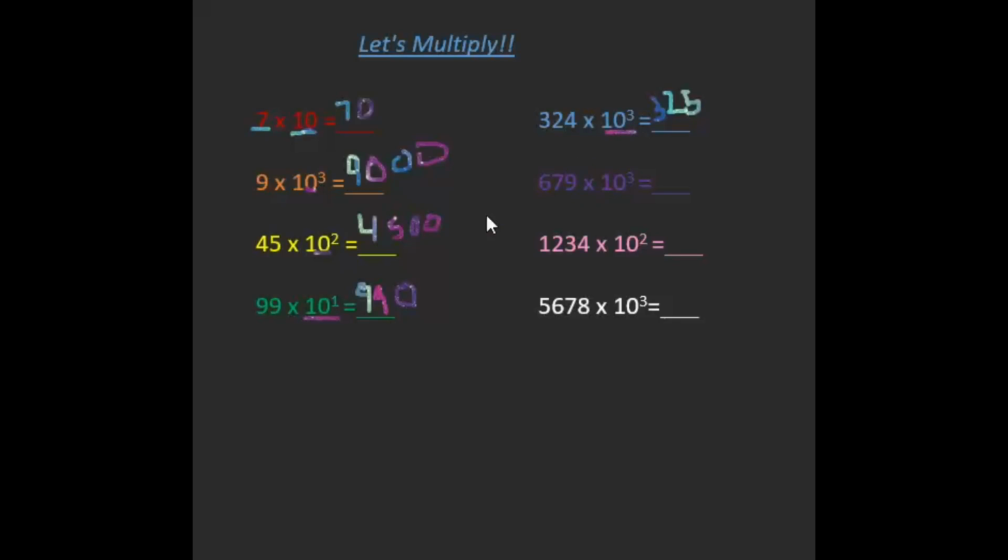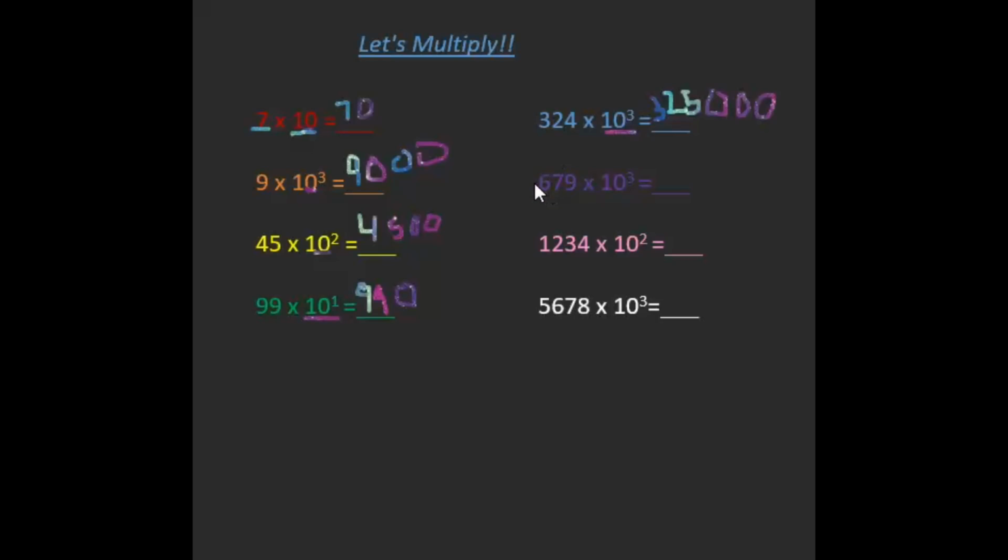So in 1000 we have 3 zeros. So then now we can just add 3 zeros at the end of 324 to make it the correct answer. Okay, so now we're just going to continue the same procedure for the next ones.